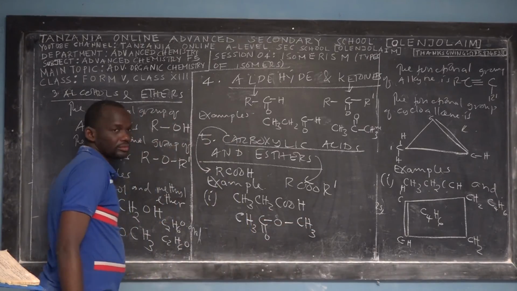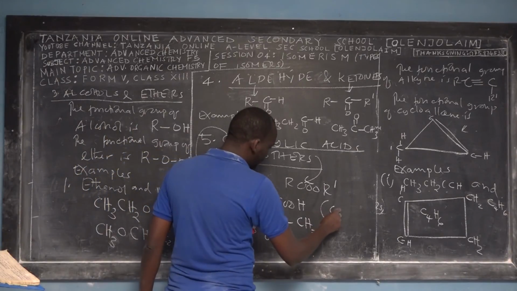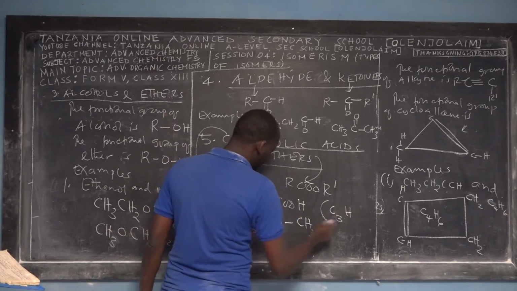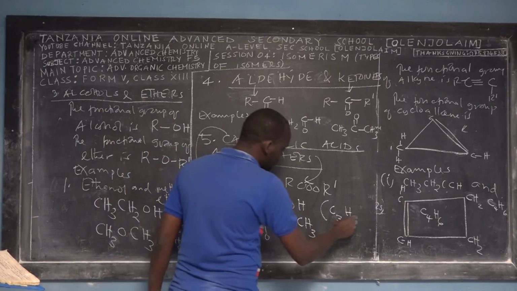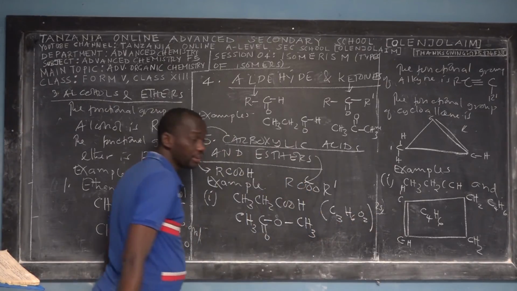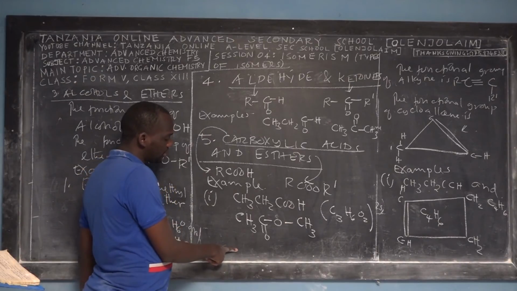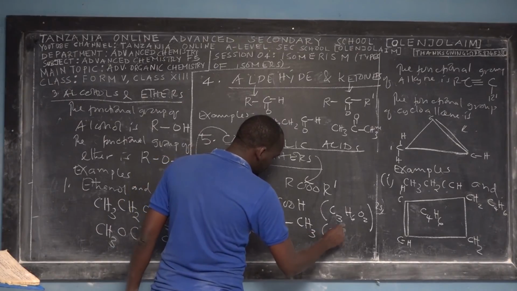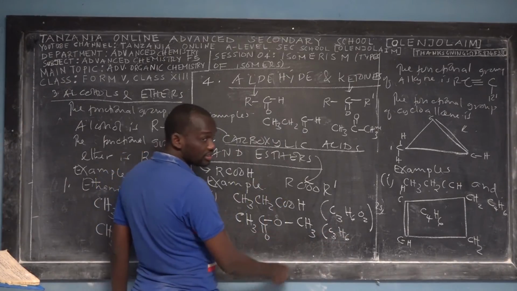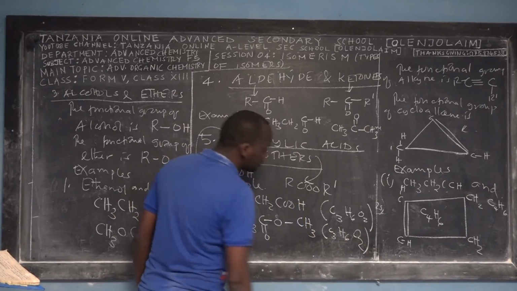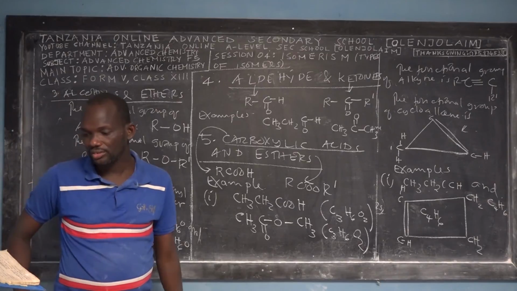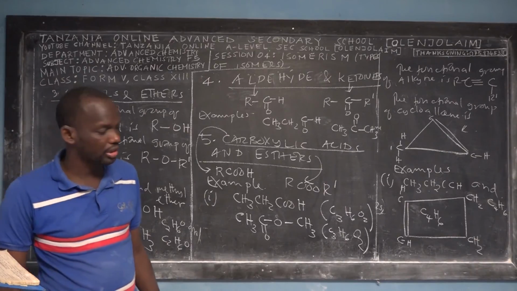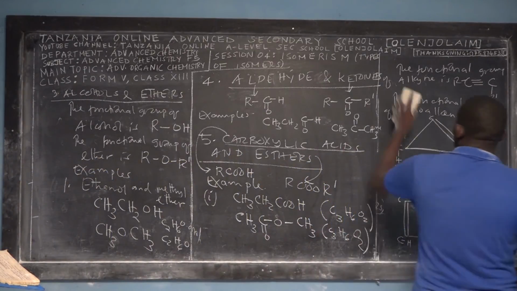Molecular formula: 3 carbons, propanoic acid. How many hydrogens? 3 plus 2 plus 1, 6. How many oxygen? 2, right? While the molecular formula of this ester: 3 carbons, 6 hydrogens, 3 plus 3, 6, and 2 oxygen. Alright? So those are the examples of functional structural isomers.